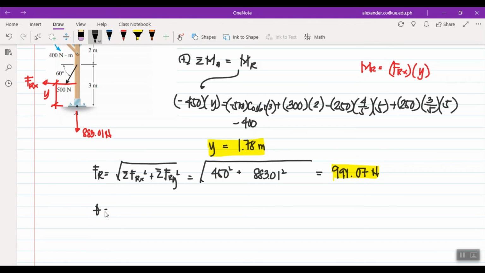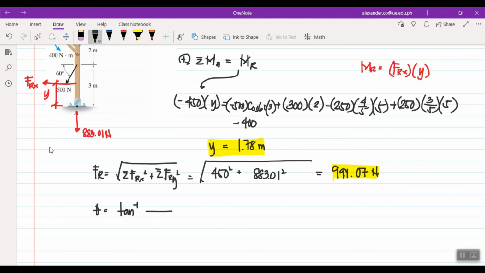So, that is inverse tangent. Ano ba yung tangent? It's opposite over adjacent. So, ano yung opposite niya? Opposite, usually with respect to x.